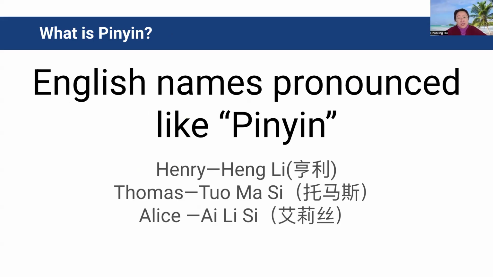Pinyin is the writing system that uses Latin alphabets to mark the sound of Chinese names. Written in pinyin letters, sometimes it may sound similar to English phonetics, but some letters may have a little different sound. We can explore that as we go along. These are examples of how we pronounce English names in the way pinyin shows. Next.